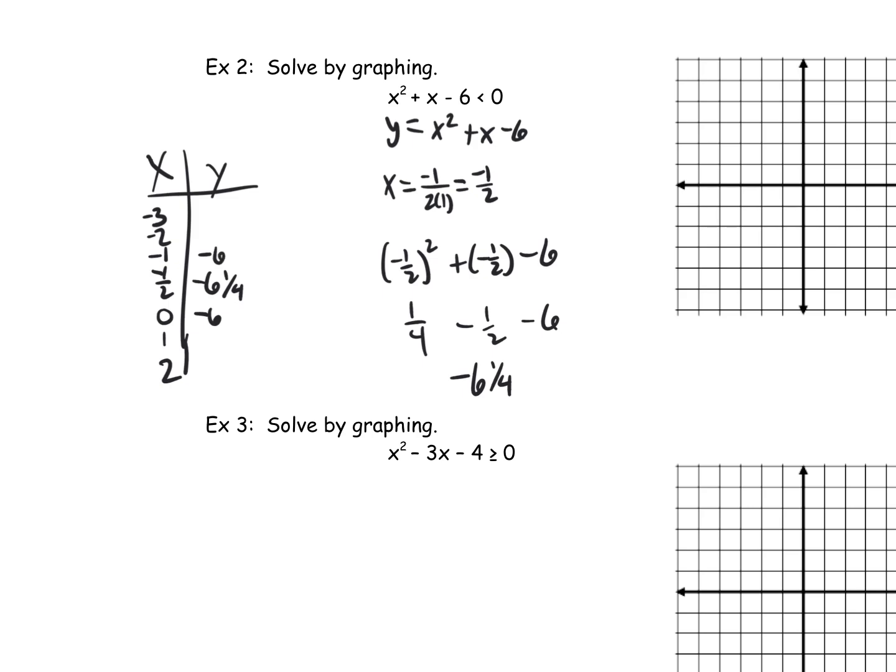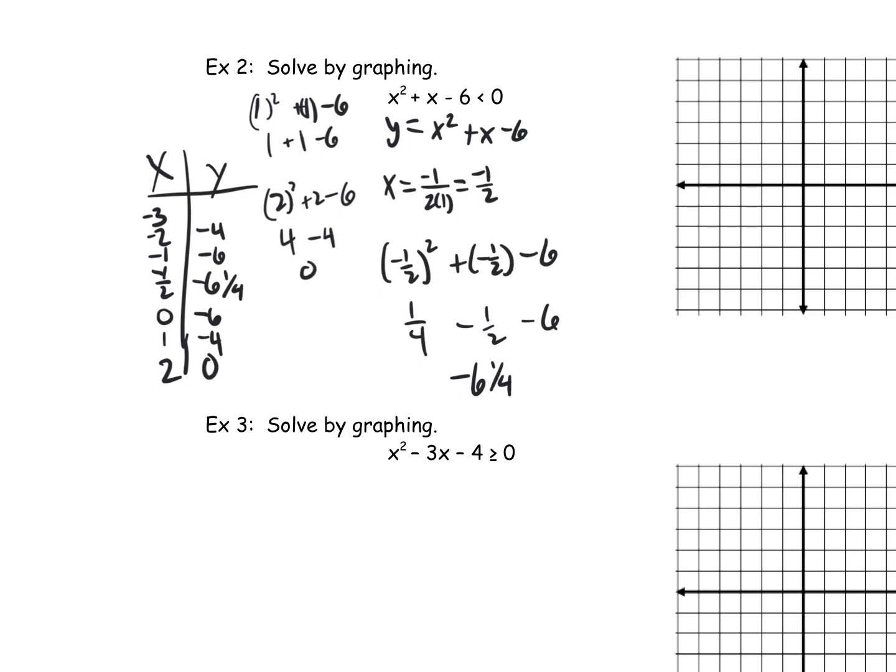And then if I run 1 through the function, that's 1 squared plus 1 minus 6. So that's 1 plus 1 minus 6. 1 plus 1 is 2, minus 6 is negative 4. And then if I run 2 through the function, 2 squared plus 2 minus 6. 2 squared is 4. 2 minus 6 is negative 4. 4 minus 4 is 0.